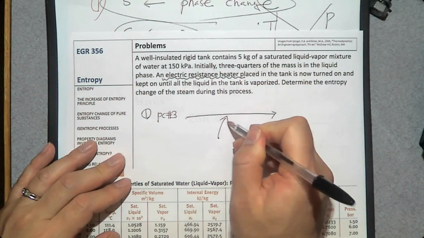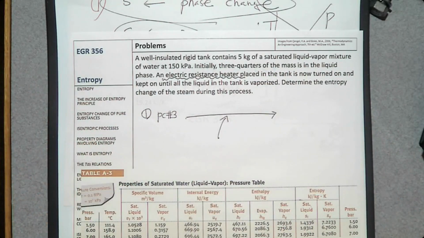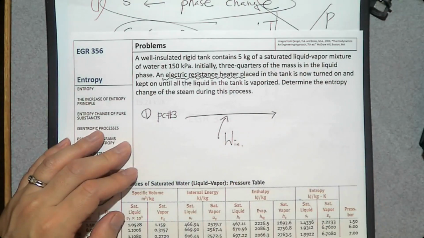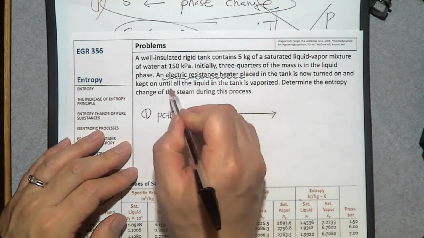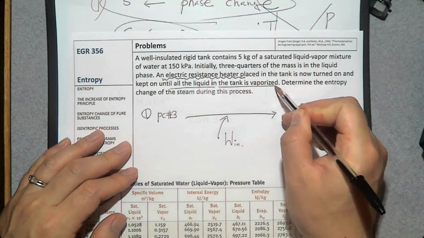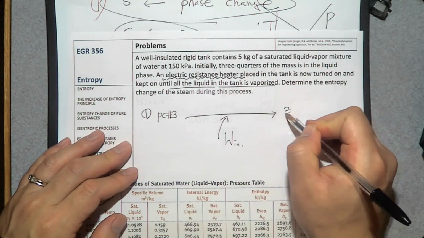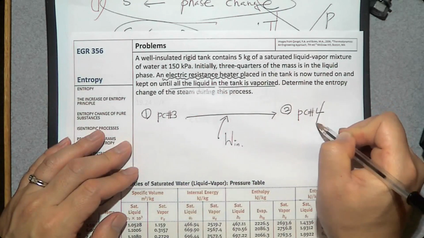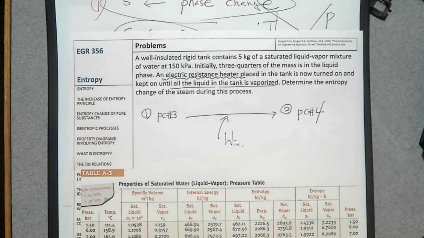So an electric work W_in enters the system until all the liquid in the tank is vaporized. So at the final state, state 2, it is saturated vapor.